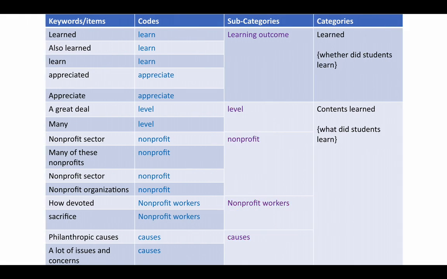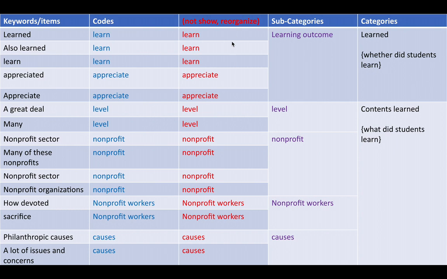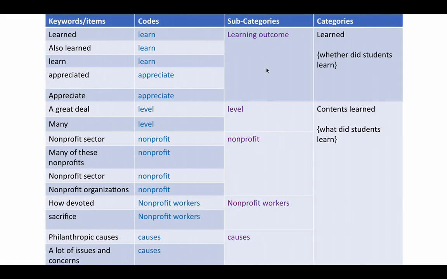But when you are presenting the results, it is not necessary to show the process of reorganization, because this is only for yourself. As long as you reorganize them, you can simply come up with subcategories when it's necessary.